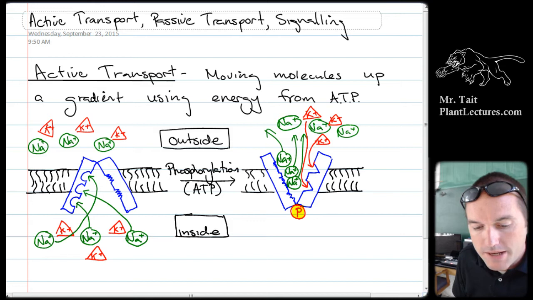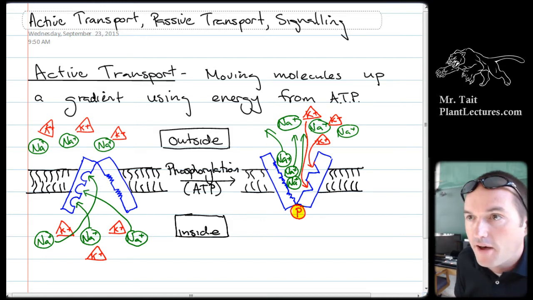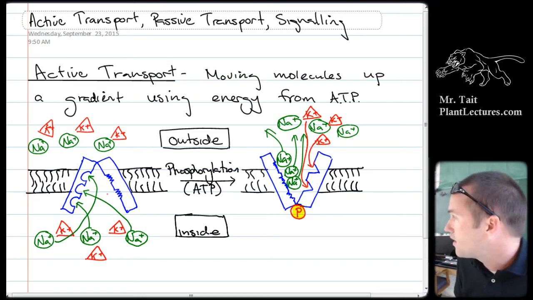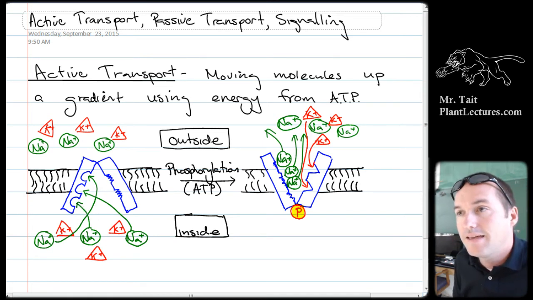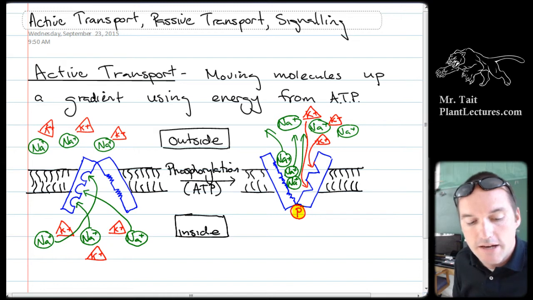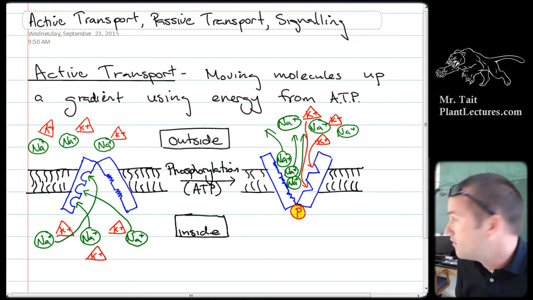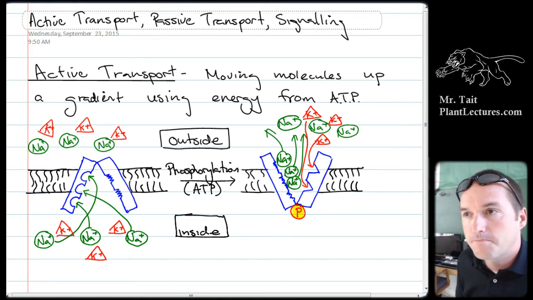And when the phosphate group breaks off, it turns back into the other side of this diagram, where it's going to dump the K plus ions into the inside of the cell. Okay? So the function of this, in a nutshell, is to move Na plus ions out of the cell and allow K plus ions in, in a ratio of 3 Na plus to 2 K plus.